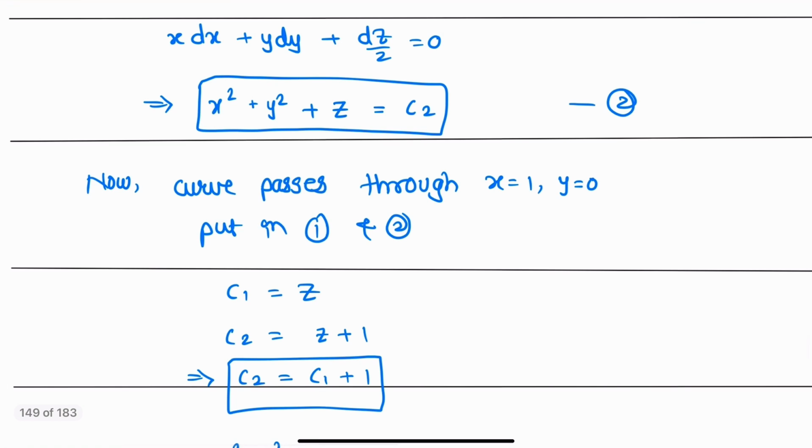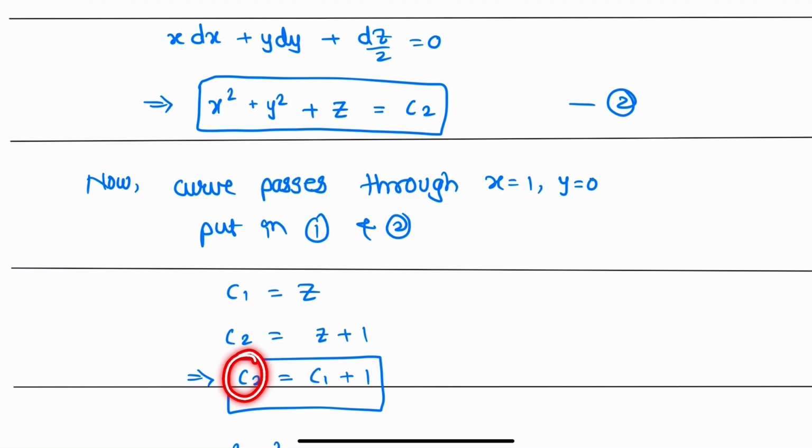Now observe, if I put the value of c1, which is equal to z, here, what will I get? C2 equals C1 plus 1. So I have got a relation between C2 and C1 using initial conditions, correct?